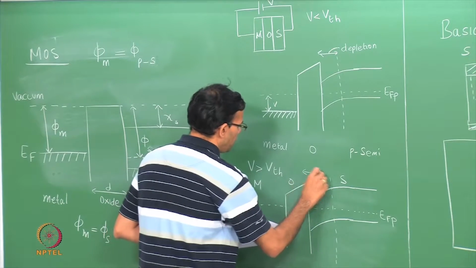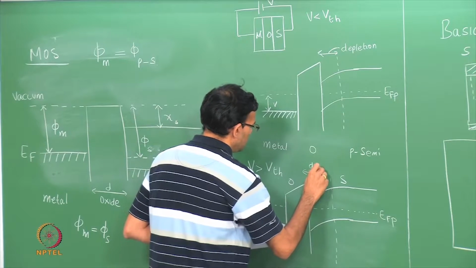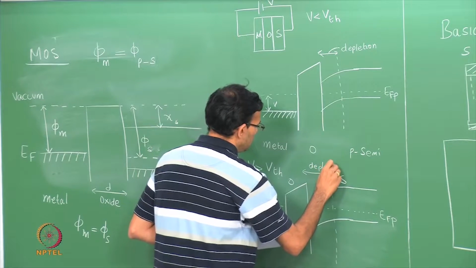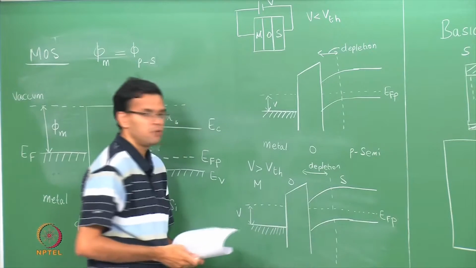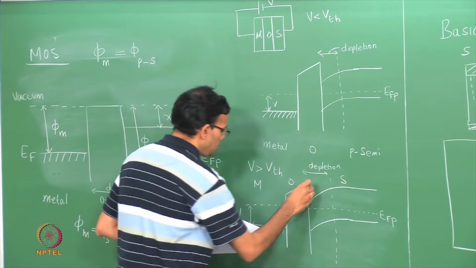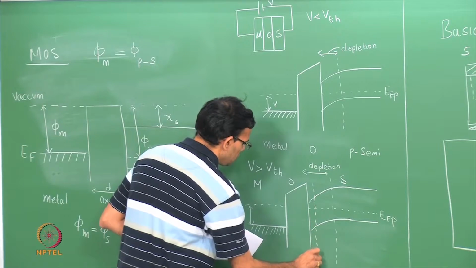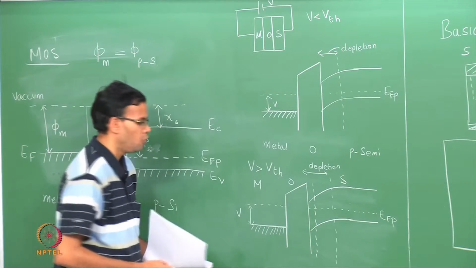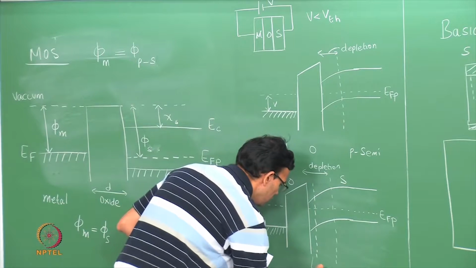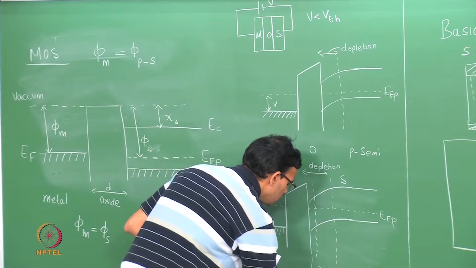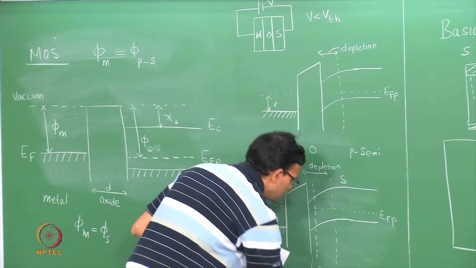Now, you have a depletion region, but within the depletion region there is another smaller region where n is more than p, so that you have inversion.